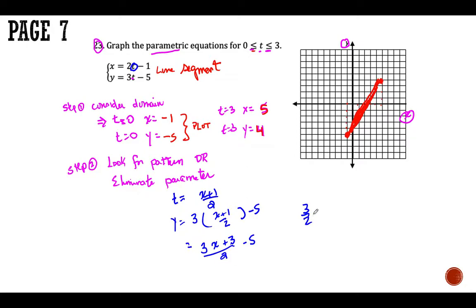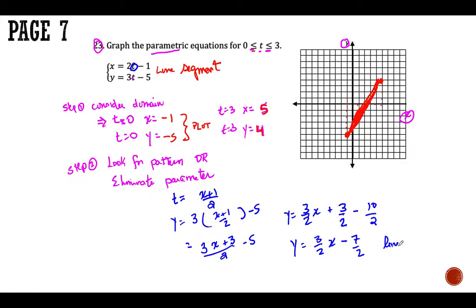So 3/2 x plus 3/2 minus 10 halves, yes? 5 is 10 halves. So look what this is.